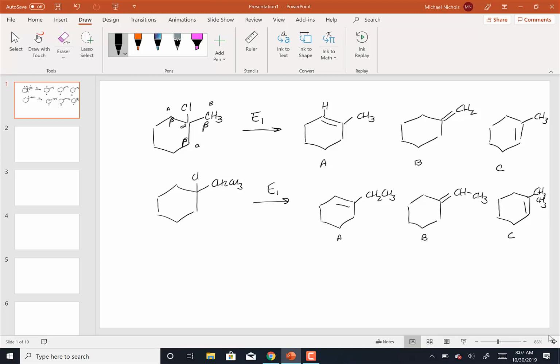Maybe we should vote on that. Does everybody agree that A and C are the same? So it's just going to be A, B, or C, where C would mean that they're both the major product. So of these two, which one is the major product? A, B, or both of them, which would be C. Okay.